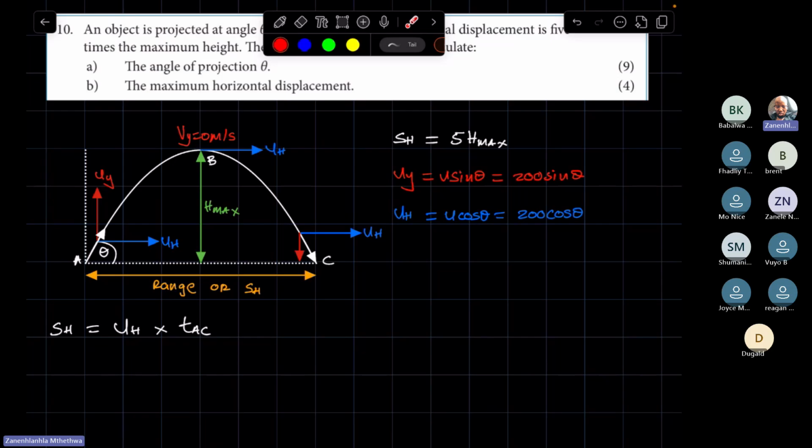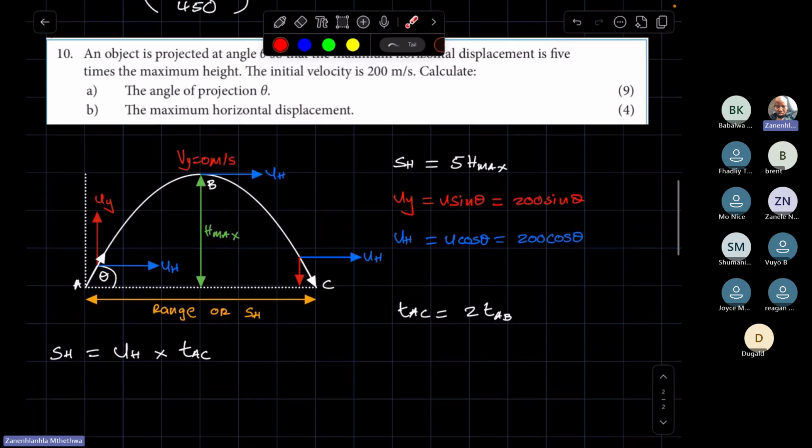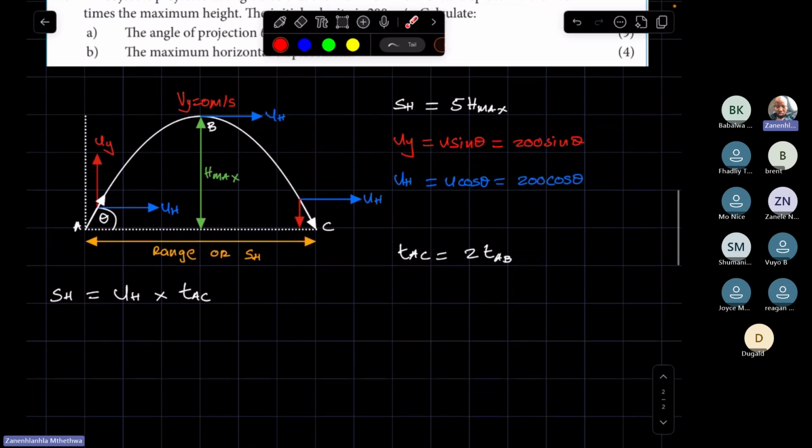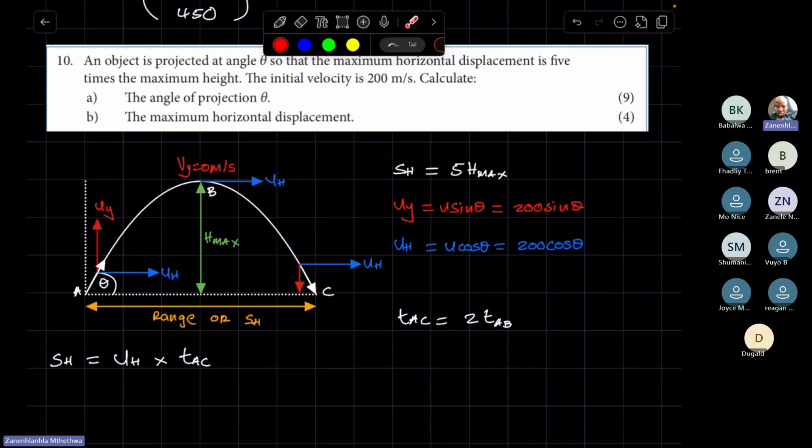And then we know that TAC is equal to 2 times AB. Now, we haven't been given the time here. We haven't been given the time.